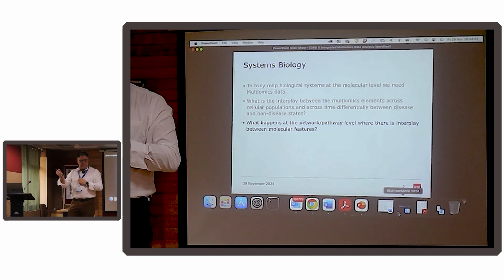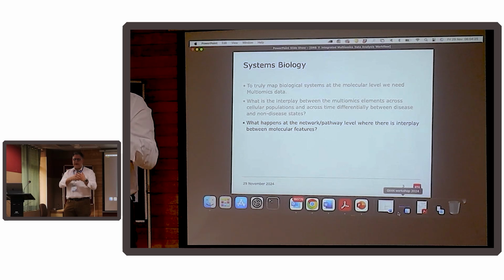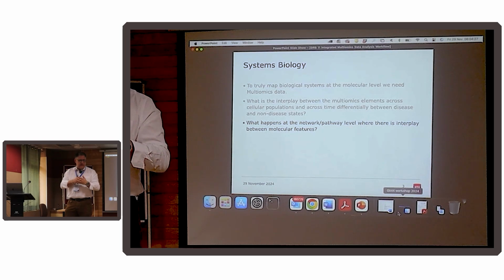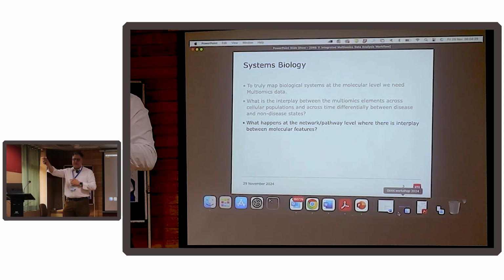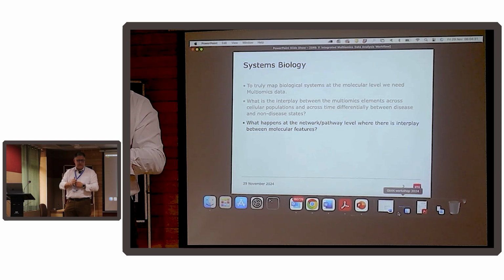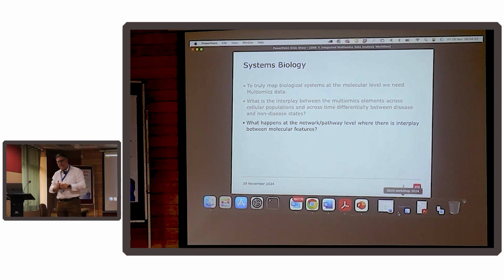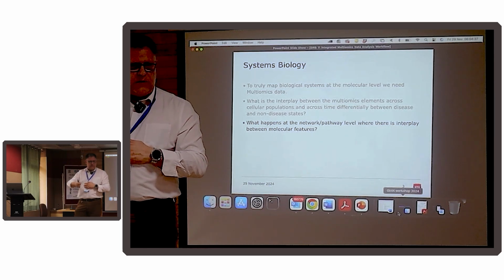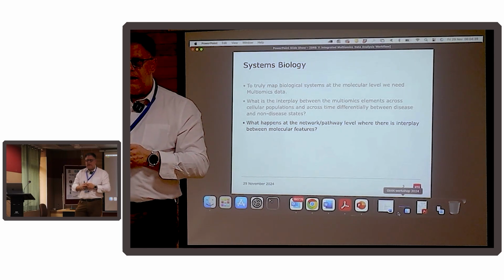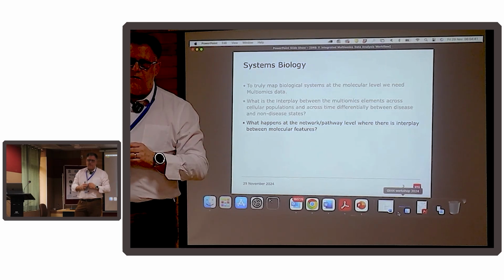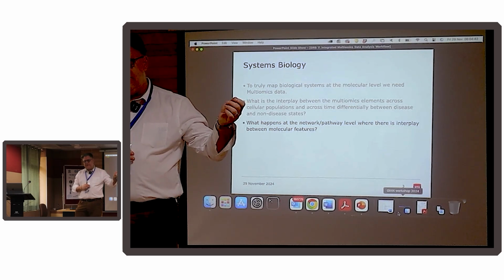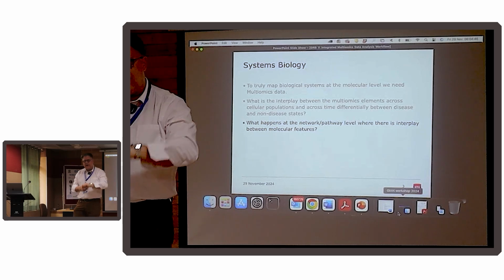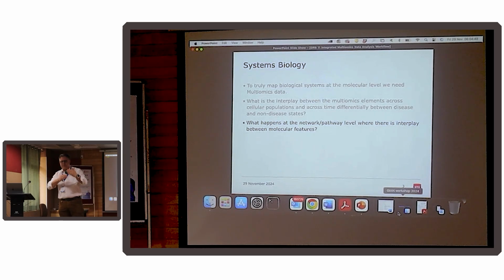If there's a particular mutation, how does that impact upon that pathway? If it's a different time of day, how does it impact upon that pathway? If you have different population groups, how does it impact upon that pathway? What's the effect of indels, insertion deletions in the genome, on that pathway? All of these things potentially have to be considered or could be considered.